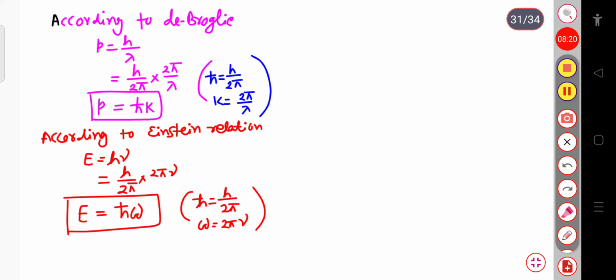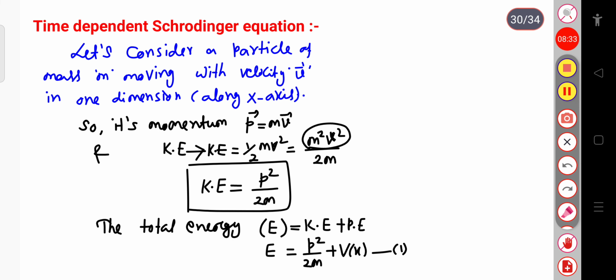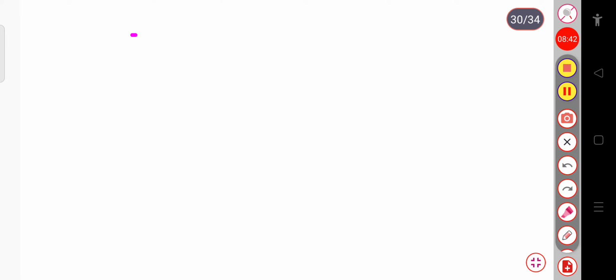Now suppose this relation p equal to h cut k is equation 2, and this is equation 3. If I put equations 2 and 3 in equation 1, that is E, the total energy, equals p square by 2m plus V of x, then equation 1 becomes E equal to the total energy equal to the kinetic energy, p square by 2m, plus the potential energy V of x.